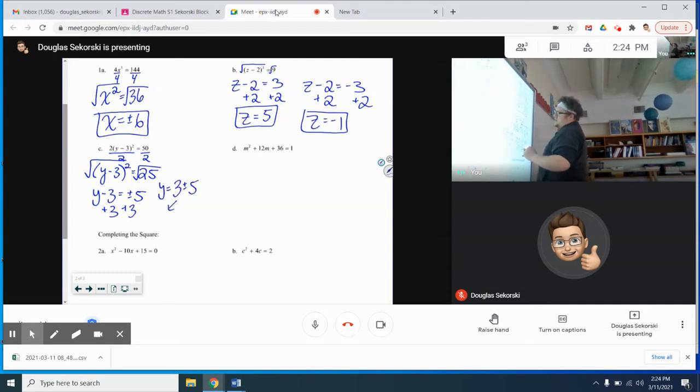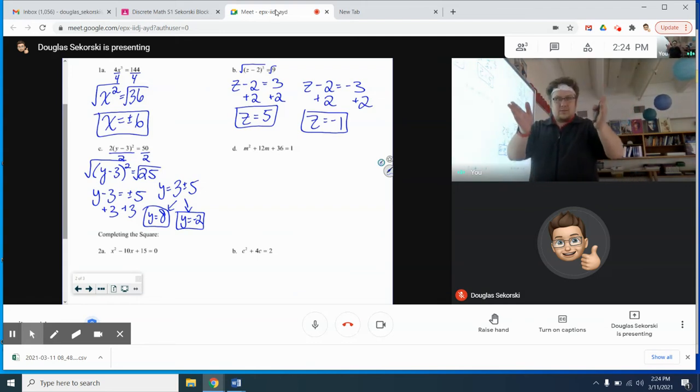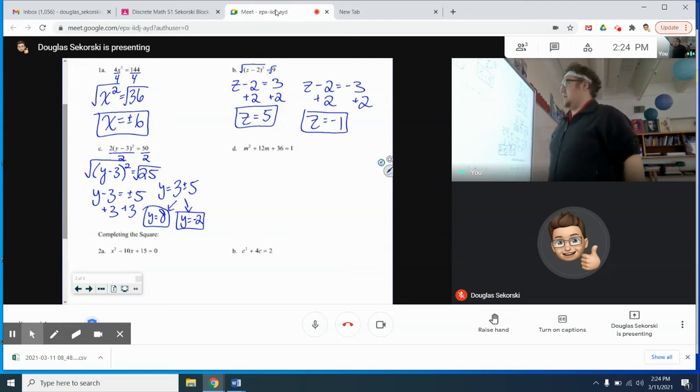And those two answers would be 3 plus 5 is y equals 8. And then we have 3 minus 5, so we get y equals negative 2. So a little bit more, right? A little bit more added on, and you get your two answers, right? But the parentheses were squared, so it's easy, right?